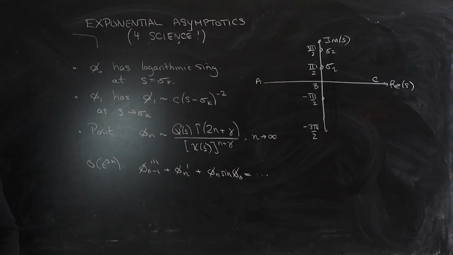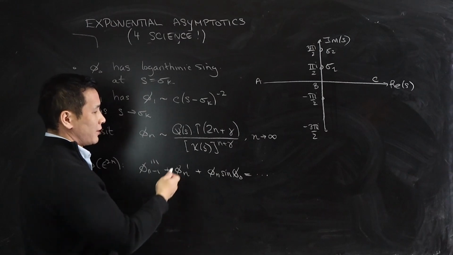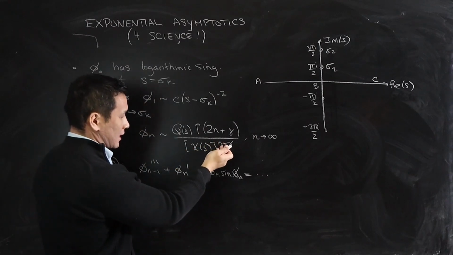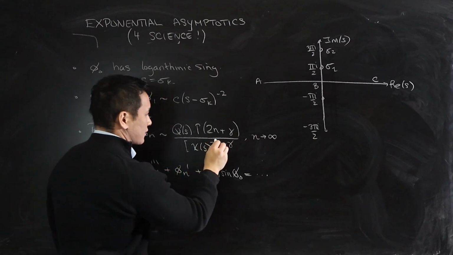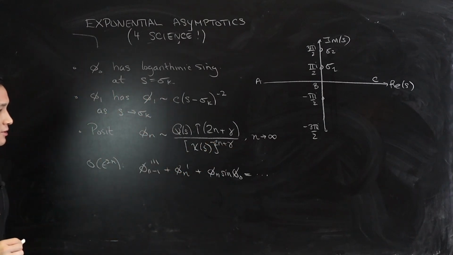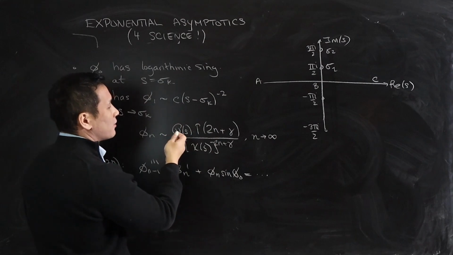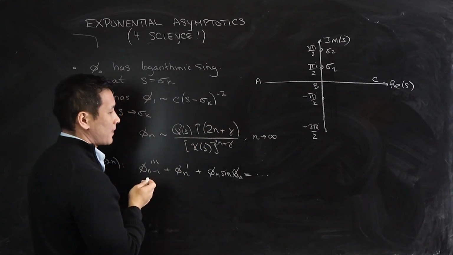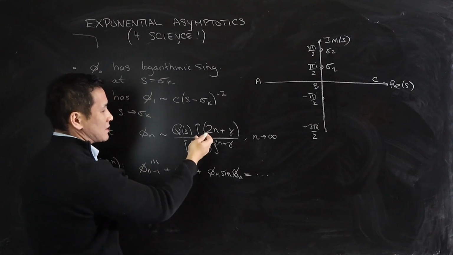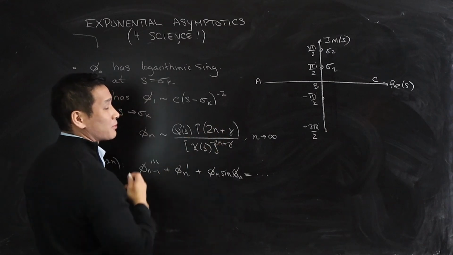And remember, every time you take a derivative of this factorial over power expression, it's going to get bigger, because this 2n plus gamma, which is on the bottom there instead of n plus gamma, will be moved to the top, and that enhances the divergence of your factorial expressions. You can also see that because of the 2n here, you kind of have to do it twice to get an effective shift of n to n plus 1.